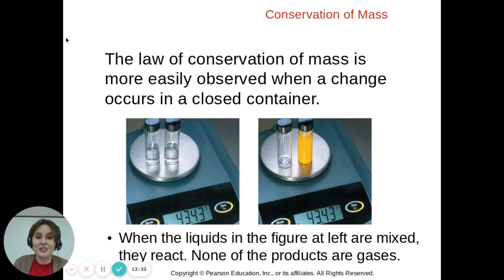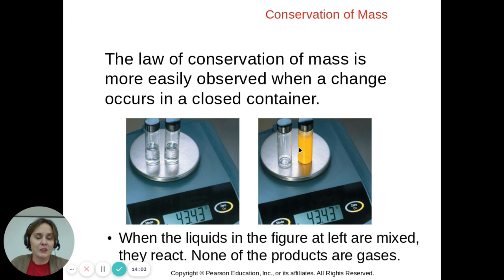Again, classic example. If you were able to, excuse me again, sorry guys. If you were able to have a reaction occur, notice we have two substances, both clear-looking liquids, that have a collective mass of 43.43 grams. If you were able to quickly mix those together and seal the containers really quickly, you'll be able to see that what you started out with is going to be what you ended up with.